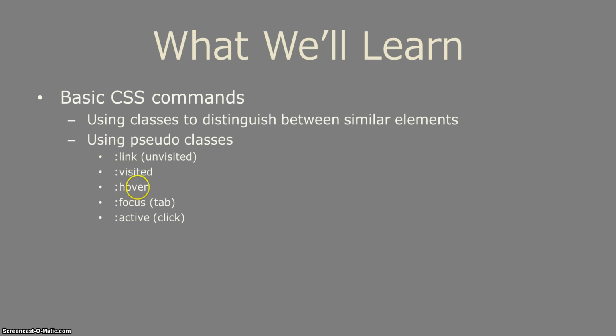These three classes will apply to anything. I could apply them to a title, I could apply them to anything other than a link. These two only apply to links because they have to do with whether or not a link has been visited. That's why you see in search engines, for instance, if you've already visited a page, the link will become purple because the link has already been visited. So it uses that pseudo class of visited to apply a new color to that link.